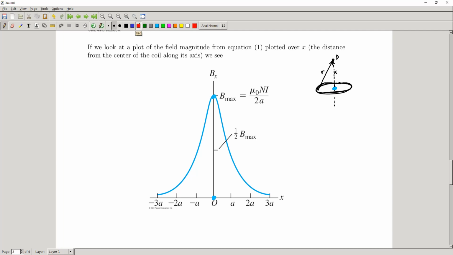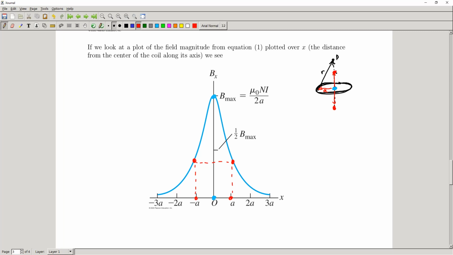And then as we move out, let's say we move up some distance, let's say this is A. So if we move some distance A in this direction, or some distance A in this direction, we end up at these points, right? And so we have some less strong magnetic field at that point. These are somewhat less than our B max, right?